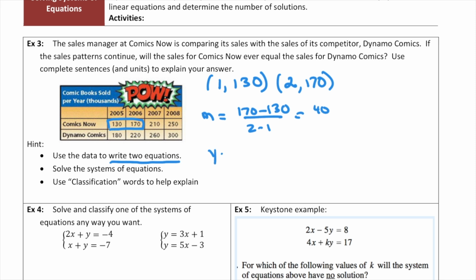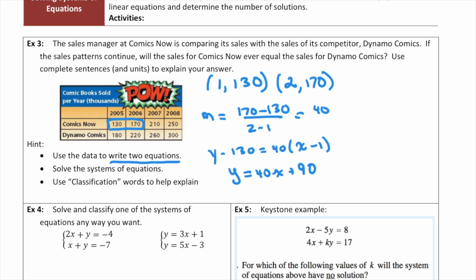So using y minus y1, so that's y minus 130, equals my slope, which is 40, times x minus 1. Simplify a little bit more, y equals 40x minus 40 plus 130, so that's going to be plus 90. So that's my first equation. I'm going to write a second equation.